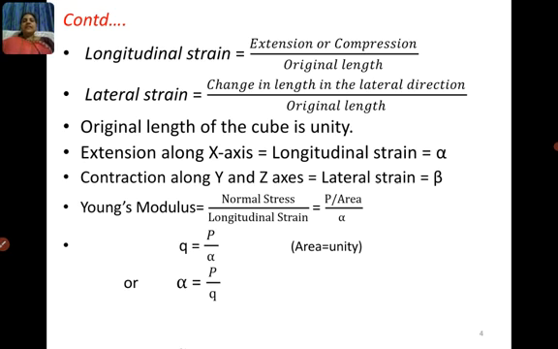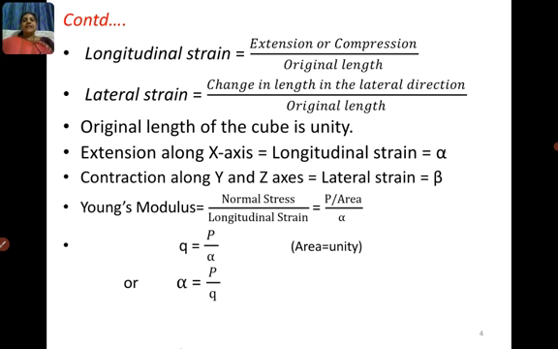Then here we discuss the longitudinal strain. It is the ratio of expansion or compression to the original length. Lateral strain is defined as the change in the length in the lateral direction to the original length.